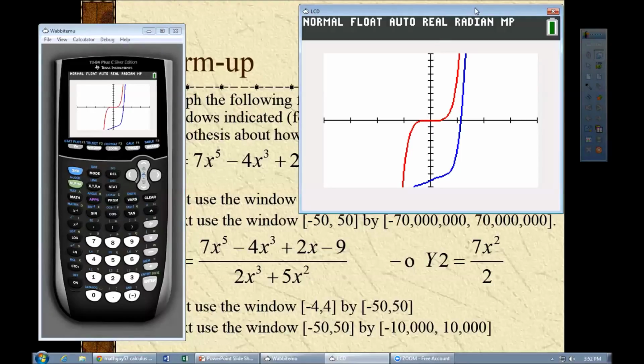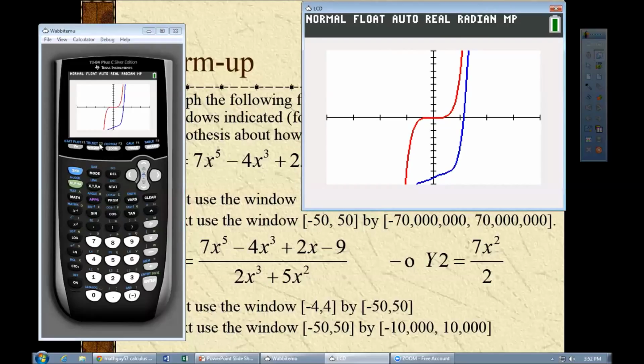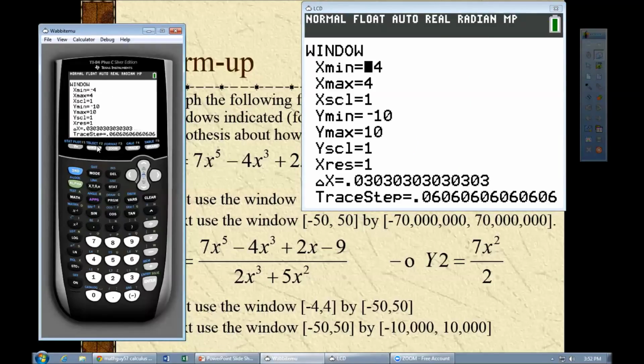But now I'm going to change my window. I'm going to change the x min and x max to -50 and 50. I'm going to change the y min, y max to -70 million and +70 million.